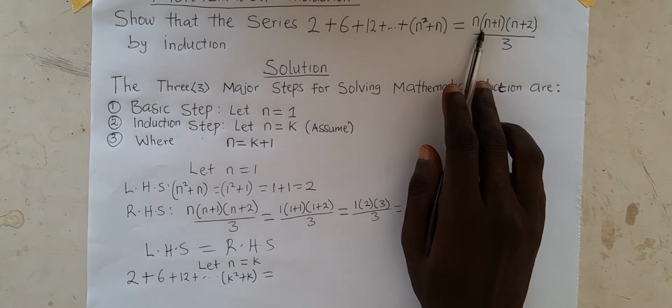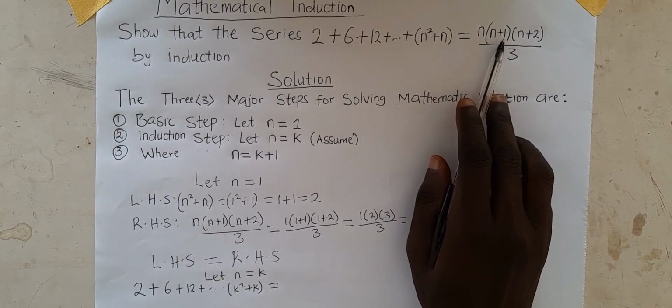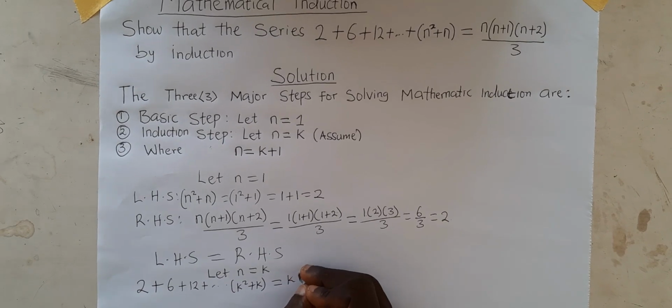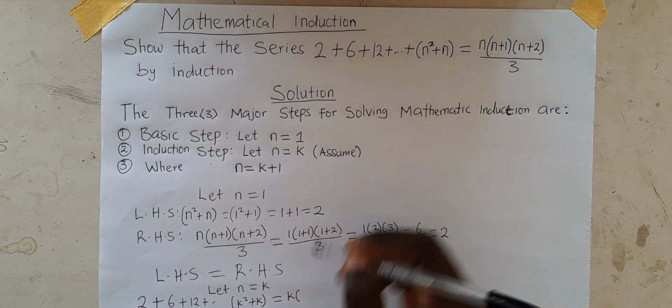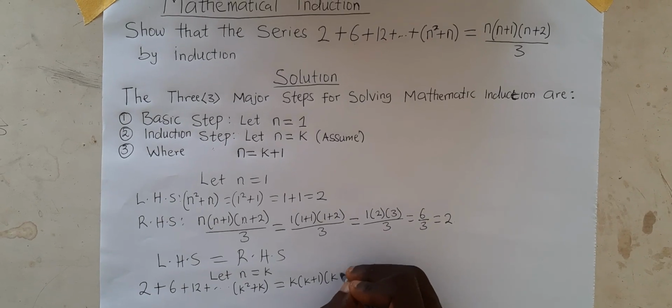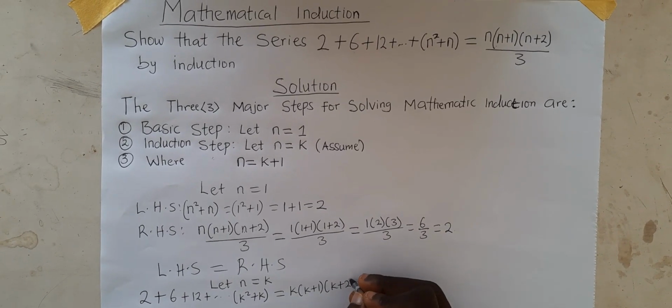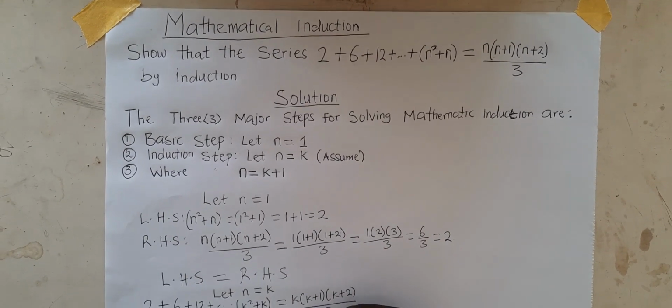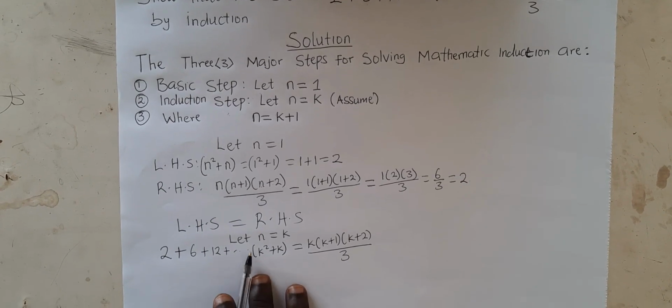At the right hand side, I'm replacing n with k. This will give me k into bracket k plus 1, open another bracket, k plus 2, close the bracket, all over 3. Now this is our second step.